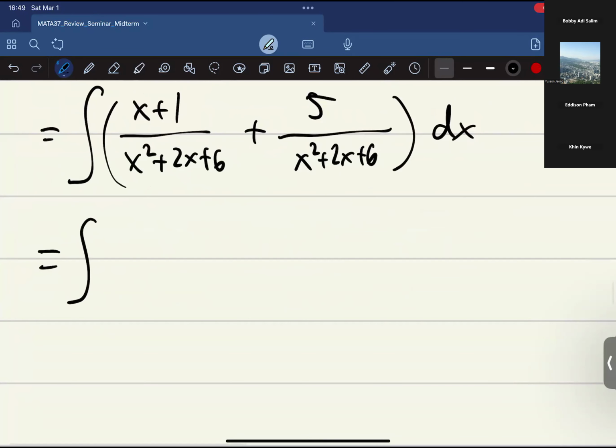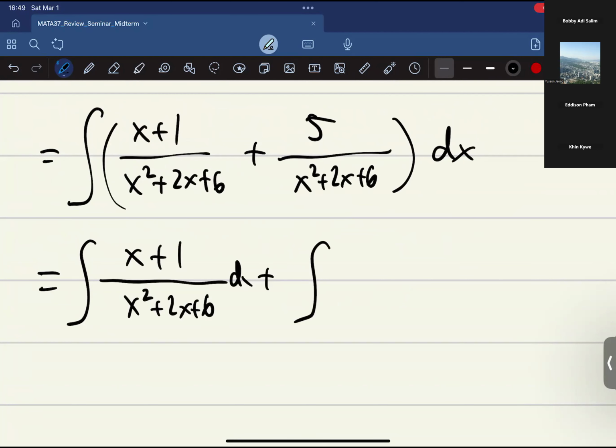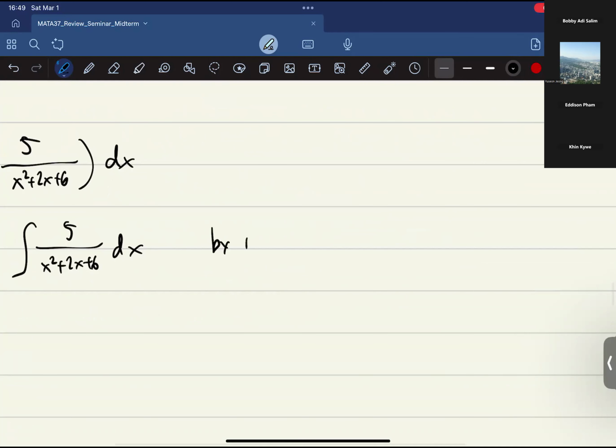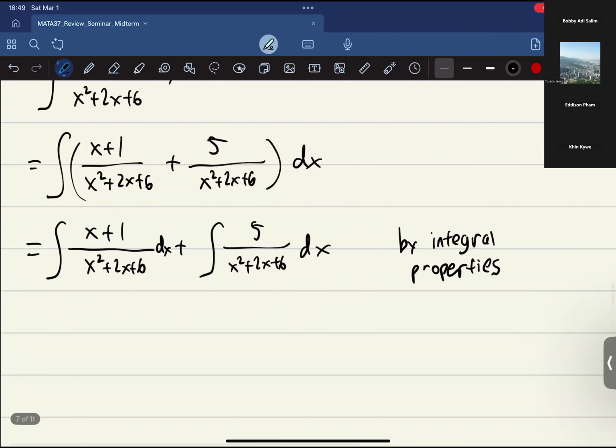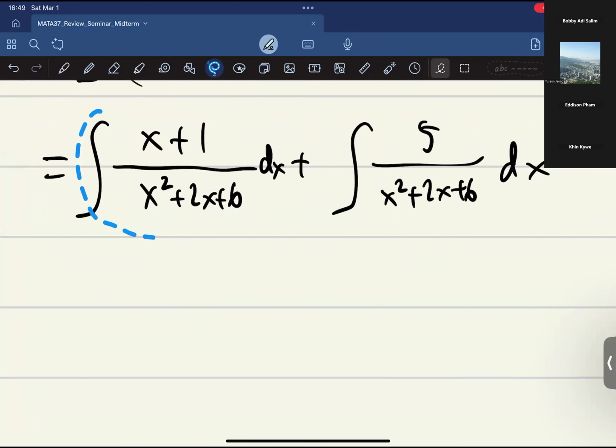And here we can split the integral using integral properties. Forget the dx there. And let's first consider this one first.